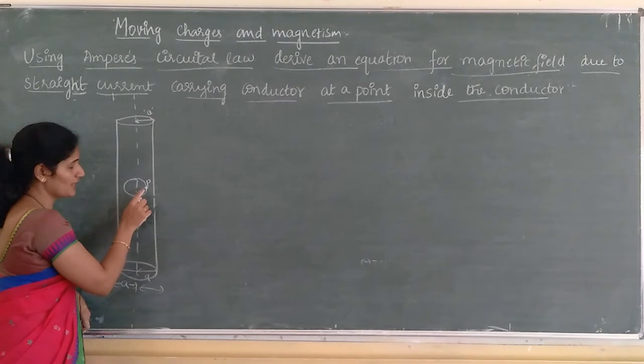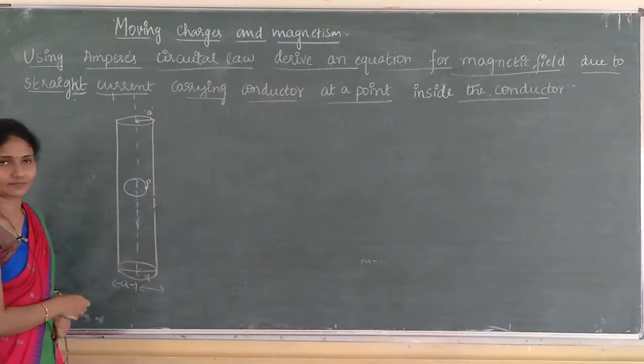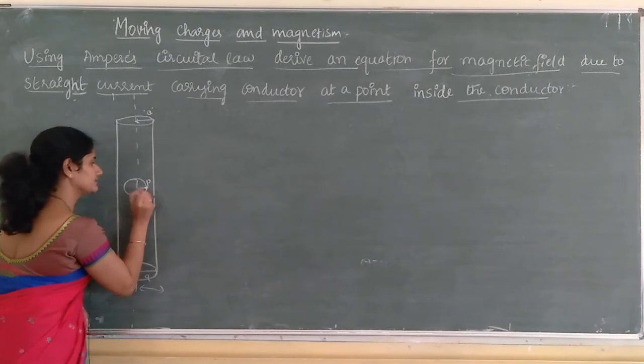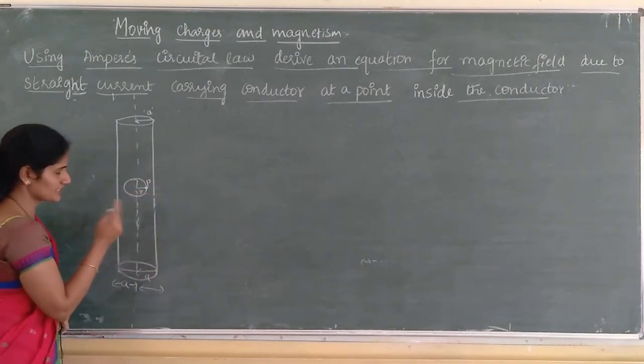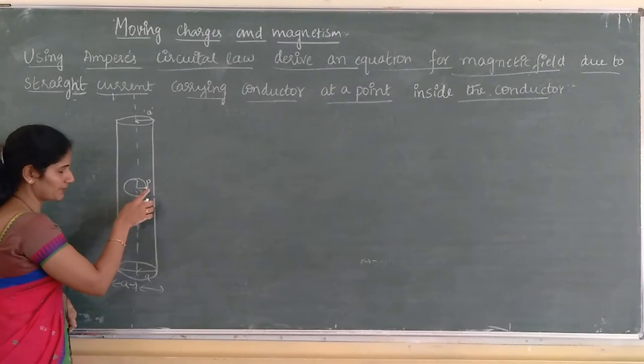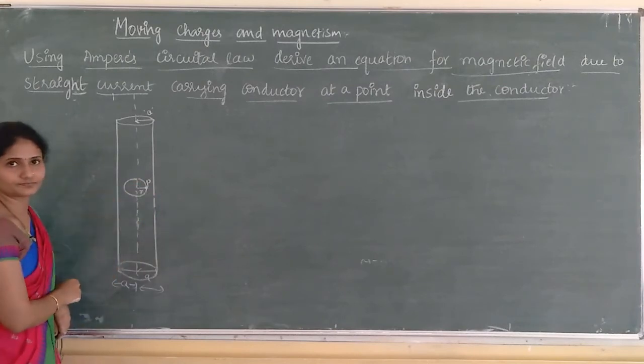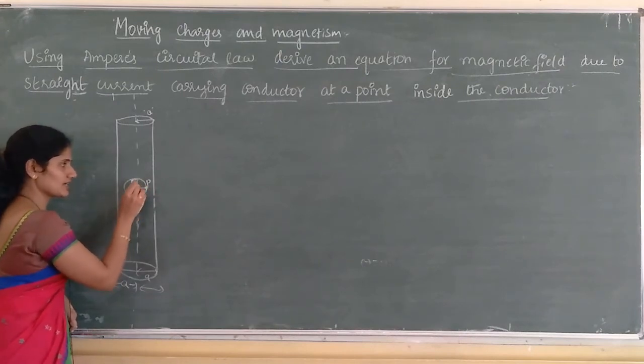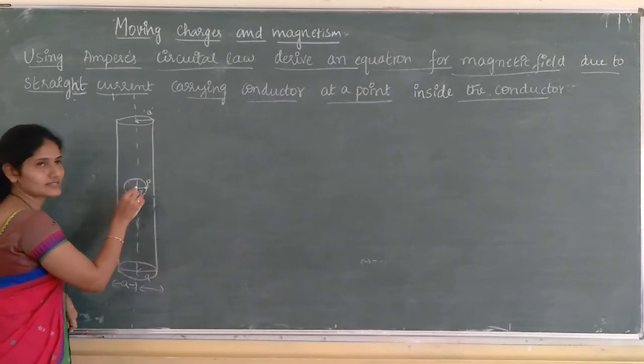Now the point P is inside the conductor. So, this is R. R is the distance between the point P and the axis. If you consider the point here, then this is R. If you consider the point P here, then this is R. So, R is the same.